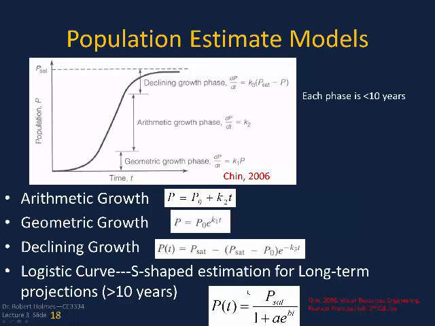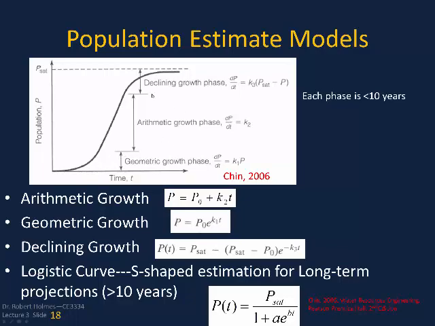This is the equation for it, where you have to estimate some population saturation value, the PSAT, along with the various other things that go into it. If you're in the young life of a particular area, let's say a new community that gets started on the outskirts, or maybe a bedroom community of a major metropolitan area, then you might be in that geometric growth phase, where you would estimate the full 30 years based on this exponential geometric growth.